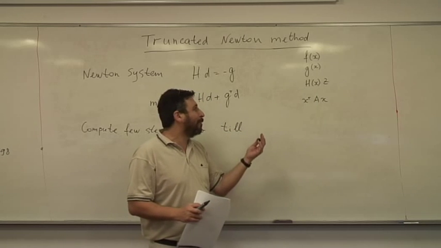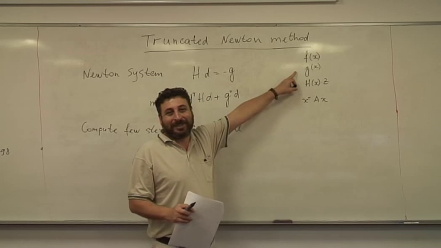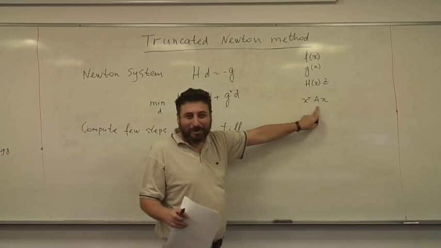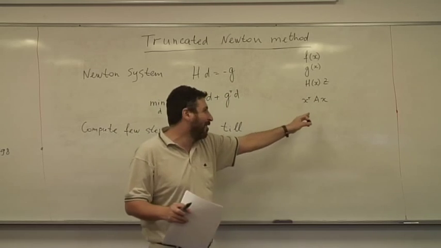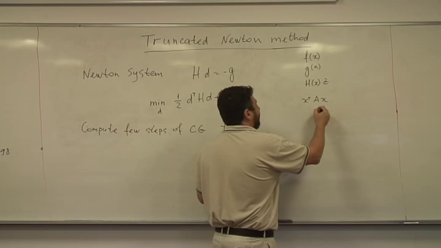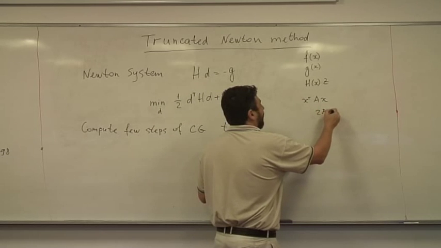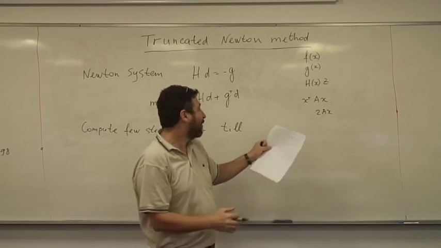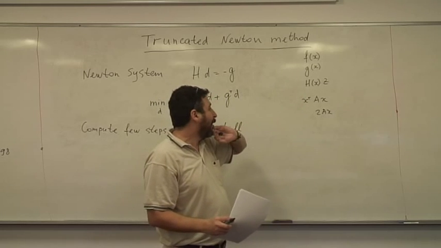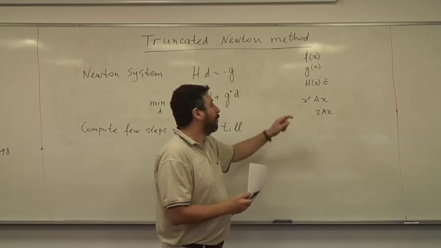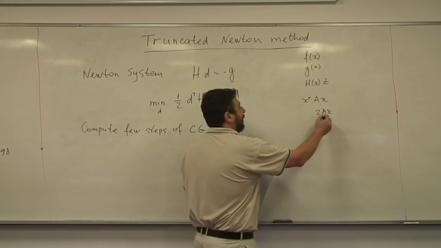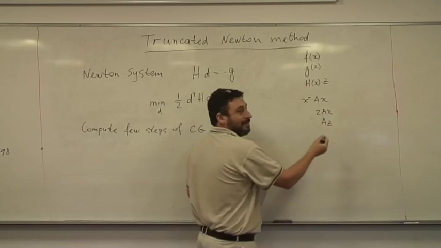How much would it cost to compute the gradient? Actually, after I computed the function, it will cost nothing, but one can say that in general, the gradient will be like 2Ax, the same as the function. And multiplying Hessian by some vector is the same.